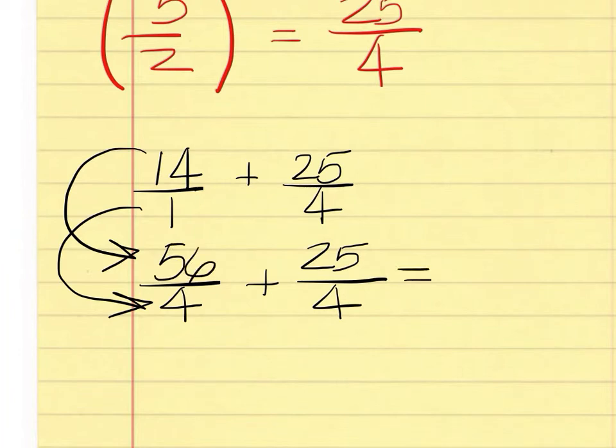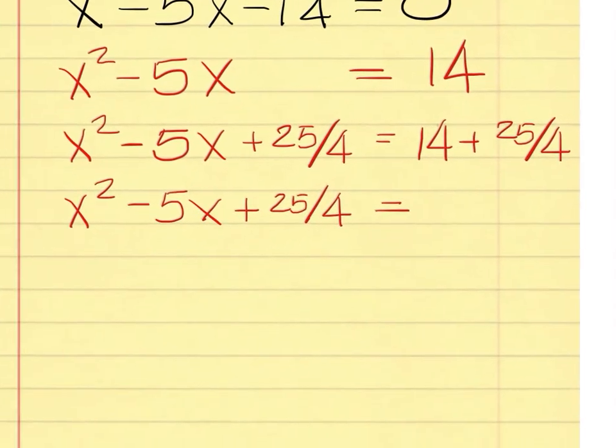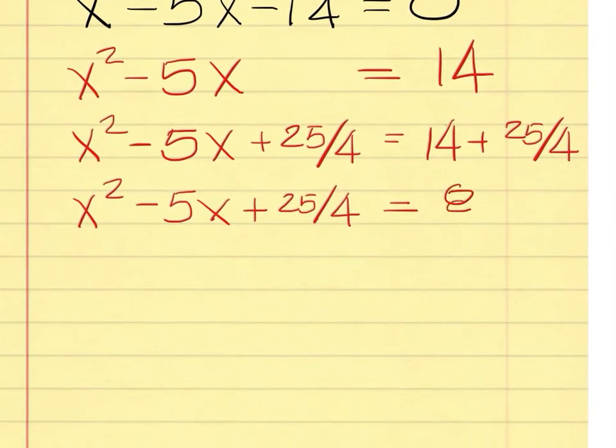56 plus 25 is what? 81. What number do I put on the bottom? 4. So there it is, 81 over 4, and that goes here. So now I have to create the perfect square, the quantity squared of something.